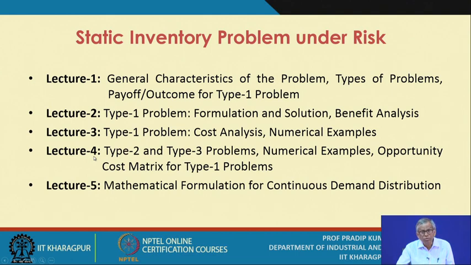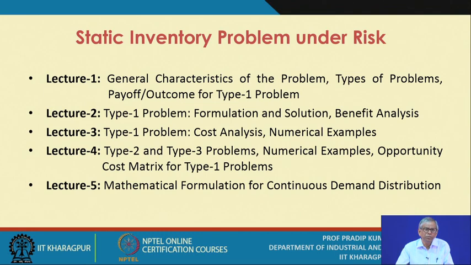During lecture 4, type 2 and type 3 problems. Essentially what you will find here, when you refer to the static inventory problem under risk, is that the problem can be of, say, 4 types. The first problem you don't need to consider. I will tell you the reason, but the remaining 3 problems you need to consider.